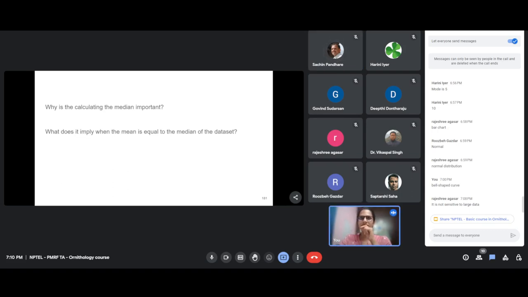So let's take an example. Let's say I want to measure the wing length of the white-bellied sholakili. This is a very crude example, but if I go only to Kodaikanal and measure the wing length of 30 individuals, that's not going to be a good representation of the population.